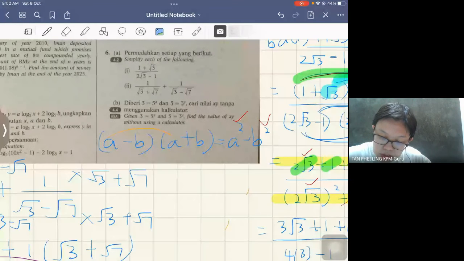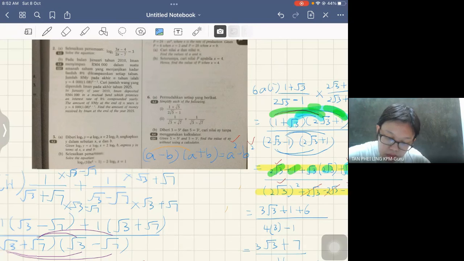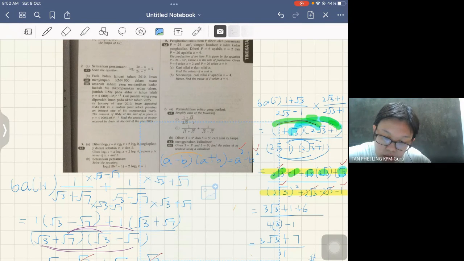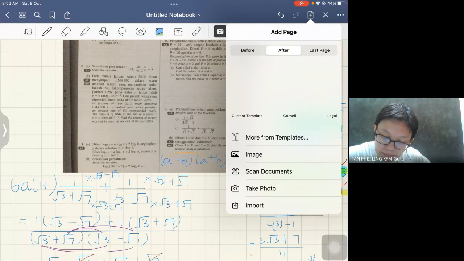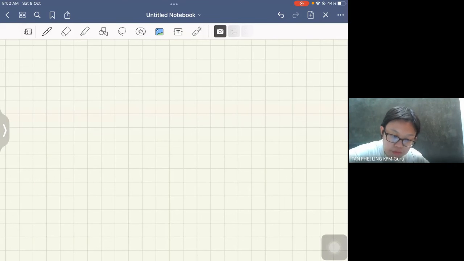Let me add a new page. Okay, just now, again, we have 3 to the power.